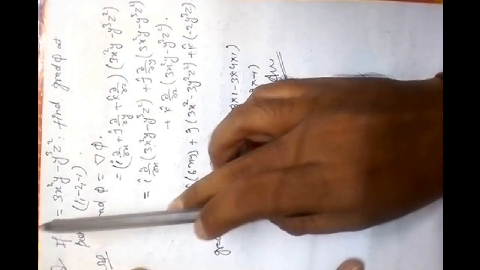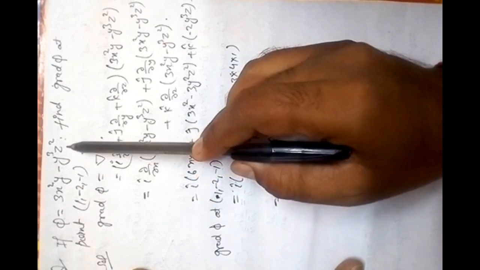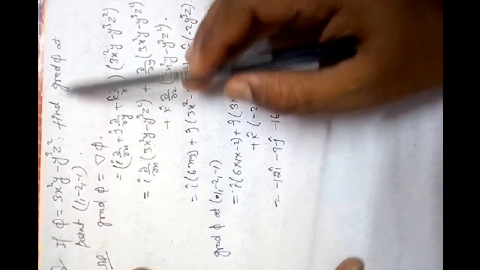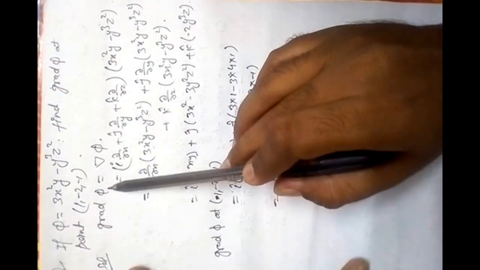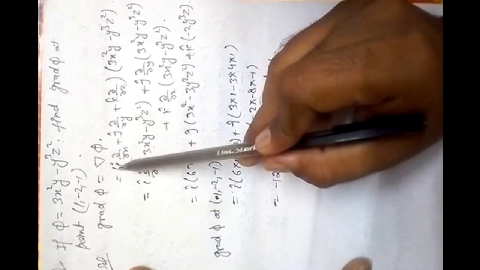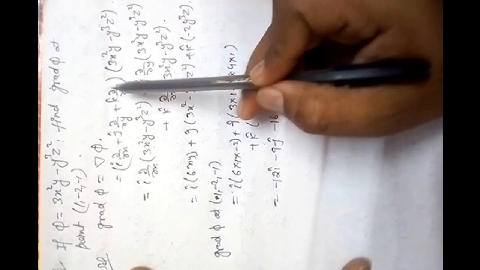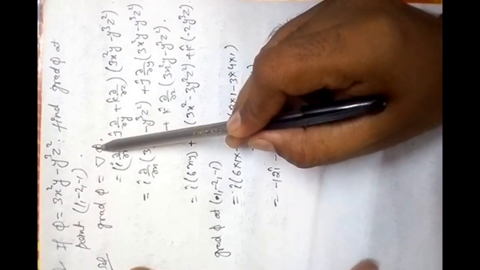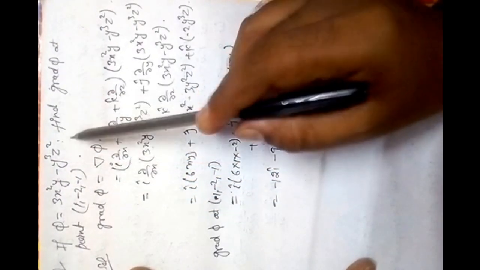Okay, again I repeat, if phi is a scalar function of the form 3x square y minus y cube z square, then we can find the gradient phi at a point 1 comma minus 2 comma minus 1. So by using the gradient formula, gradient phi is equal to del phi. The value of del is i del upon del x plus j del upon del y plus k del upon del z, and the value of phi is 3x square y minus y cube z square.